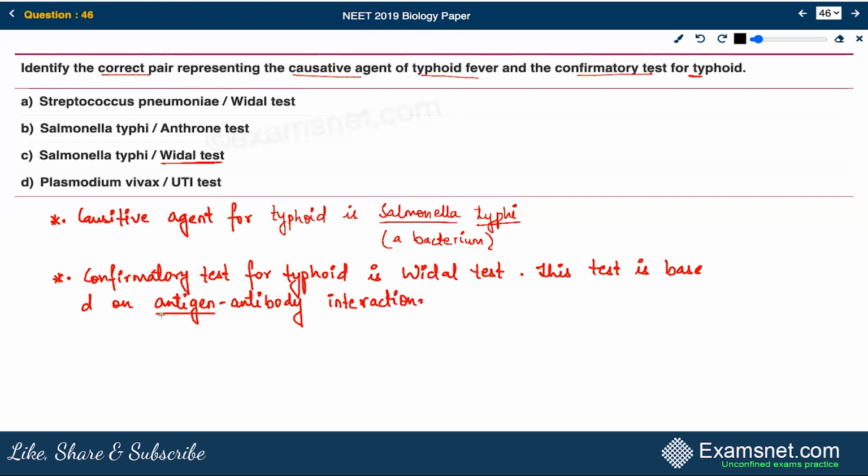Antibodies will be produced in response to these bacterium species that will be binding or detecting those bacterium species if they are found in the body. All right. So out of all the options that you can see over here, option C is the correct answer. That means Salmonella typhi is the causative agent and the test is the Vidal test.